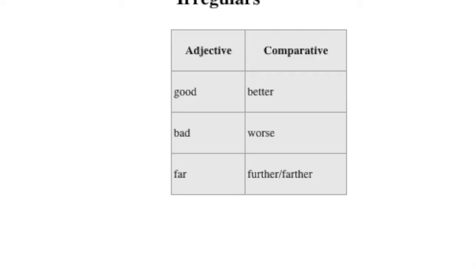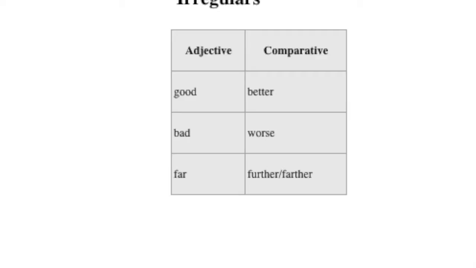Okay, and then finally we have exceptions. And we have irregular adjectives. For example, good. It's a very common adjective, and the comparative form of it is, I'm pretty sure you know the comparative form of good. Better, very nice.